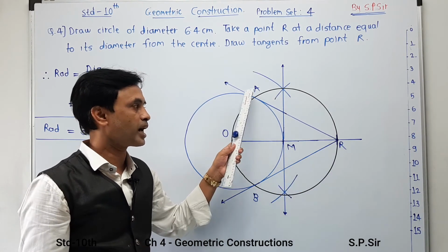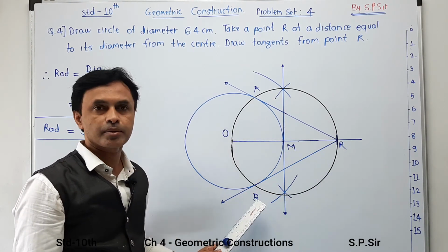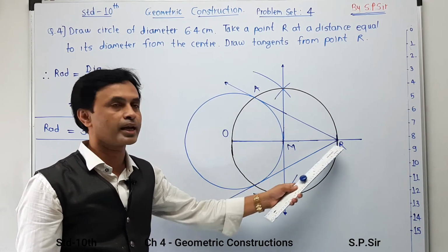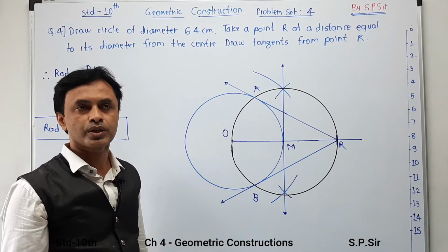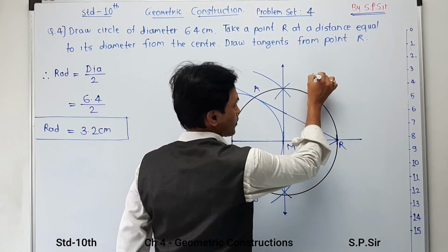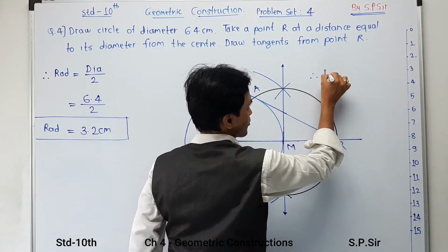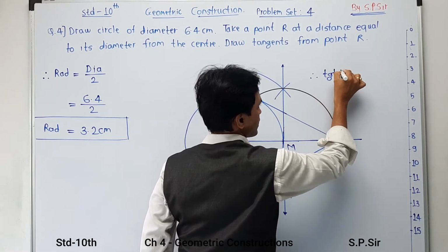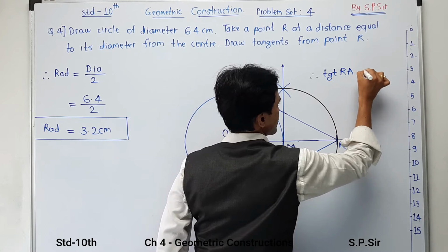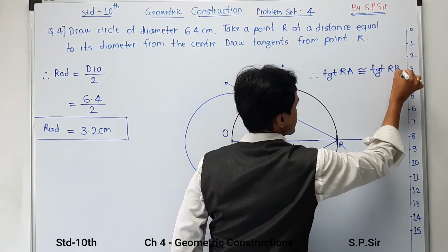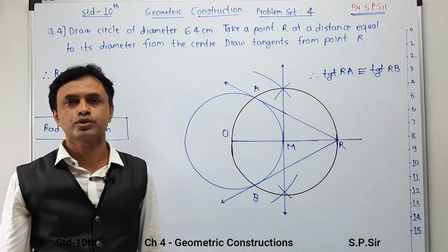One is tangent RA and the second is tangent RB. Sometimes in a question they also ask you to measure the distances RA and RB, but in this question we have to write the proof. Therefore tangent RA is congruent to tangent RB, and in this way your construction is going to get complete.